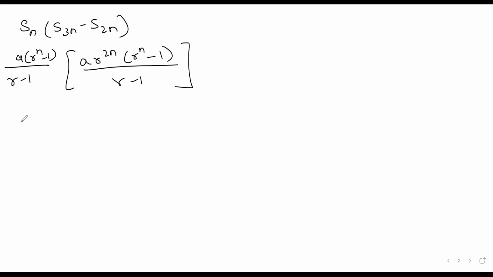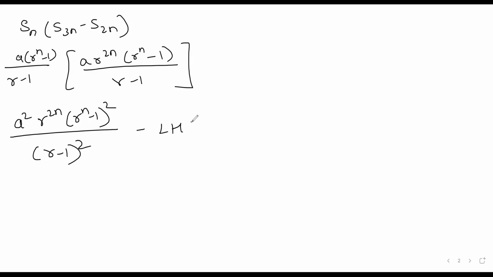This will be multiplied, so this will be A square r raised to 2n, r raised to n minus 1 bracket square upon r minus 1 bracket square. This is your LHS. Now let us solve for RHS.